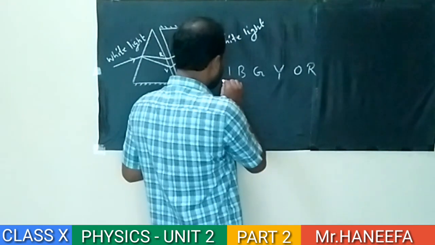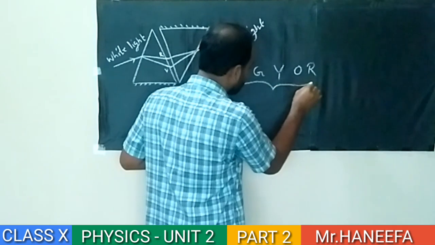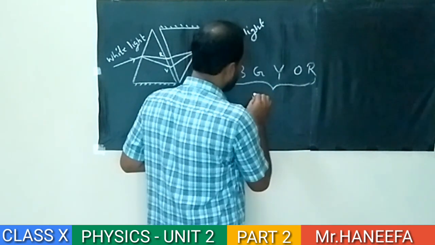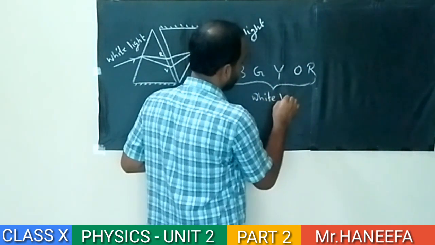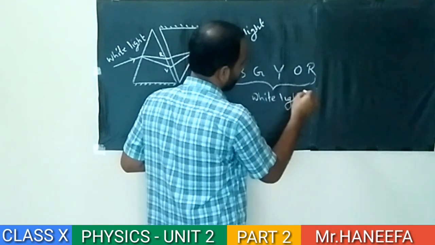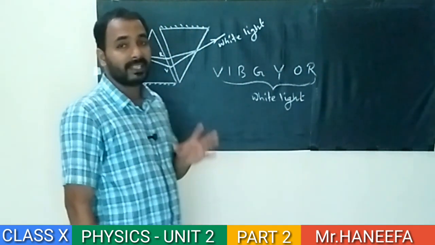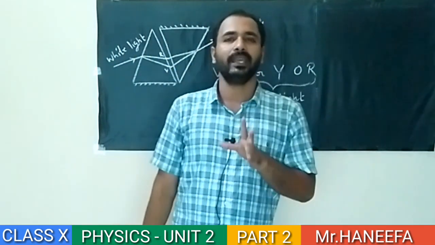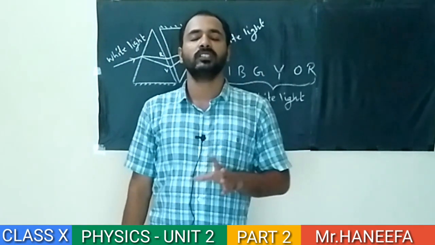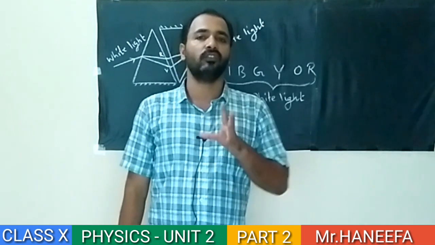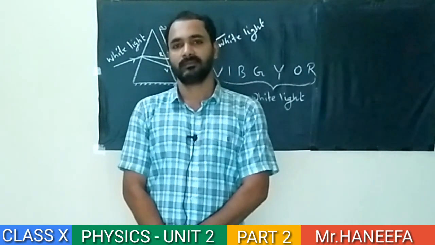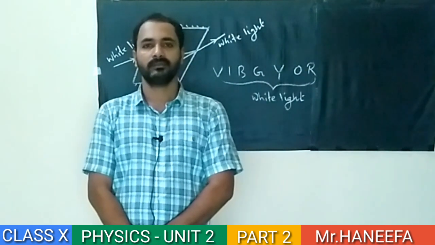So the combination of these 7 colors is called white light. Sir Isaac Newton explained that the combination of 7 colors forms white light. Clear? Okay.